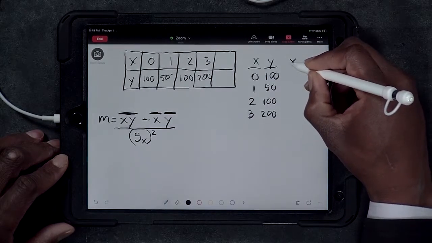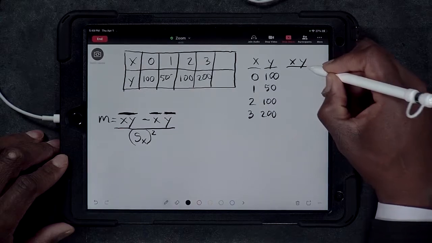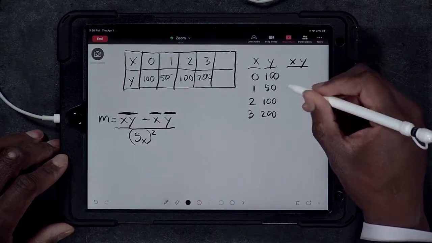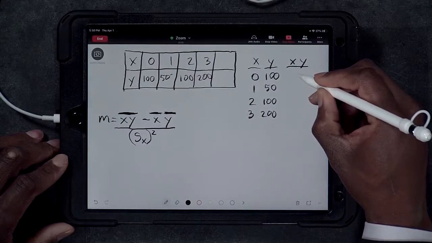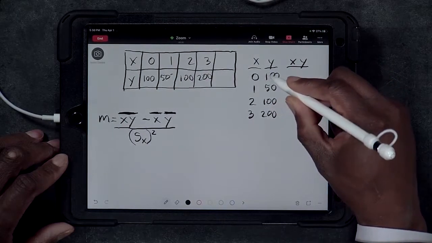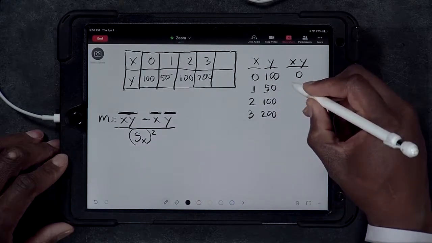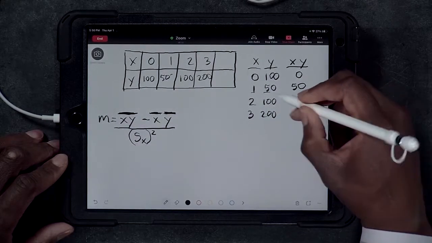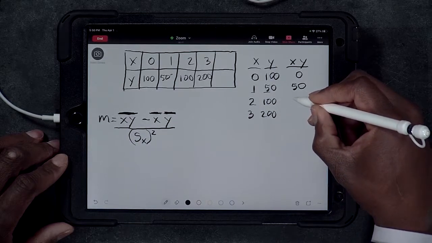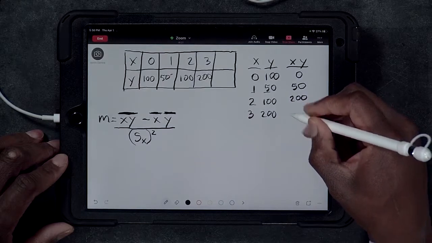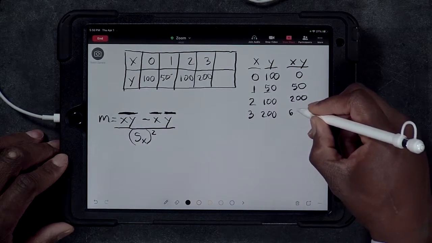All right, so xy, the product xy, just requires that you take the product of all the x values and all the y values. 0 times 100 is 0. 1 times 50 is 50. 2 times 100 is 200. 3 times 200 is 600.